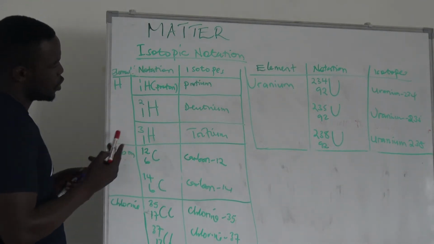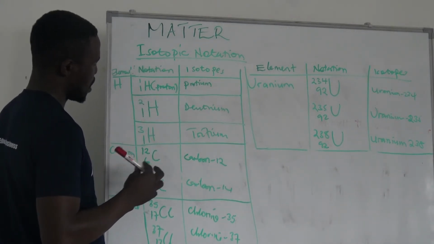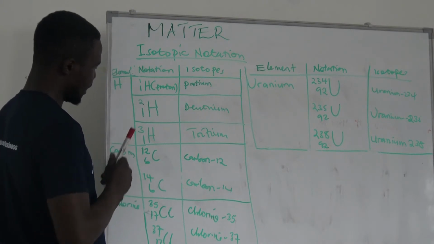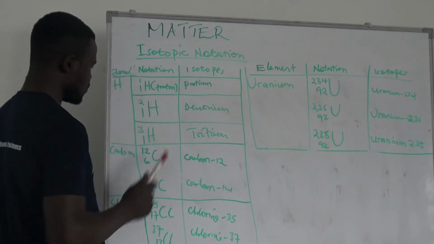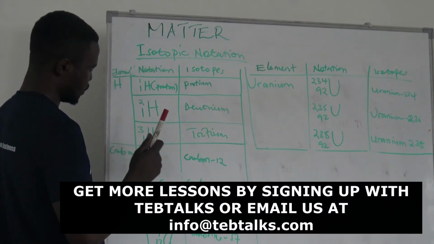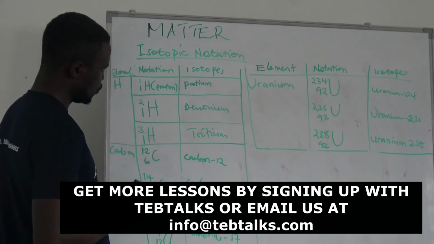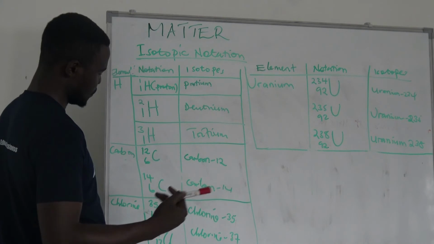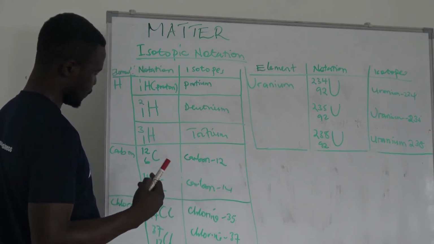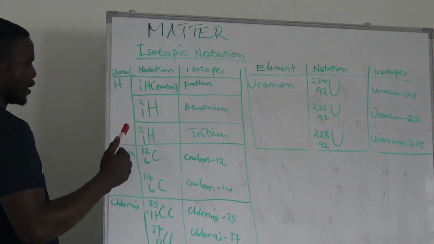Deuterium has a mass number of 2, meaning it has 1 proton and 1 neutron. Tritium has a mass number of 3, meaning it has 1 proton and 2 neutrons.